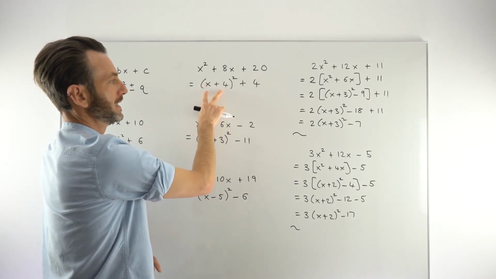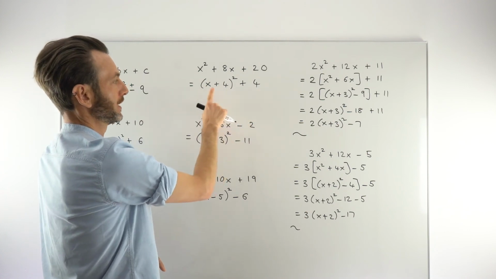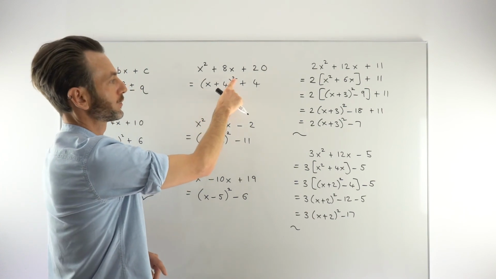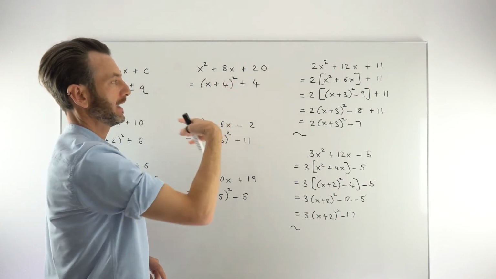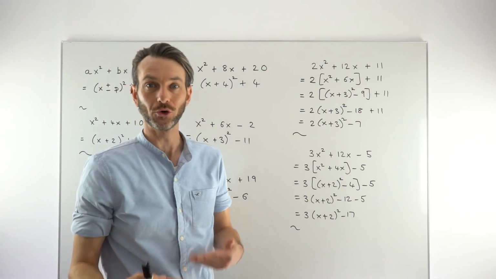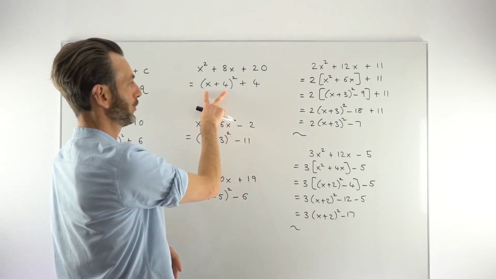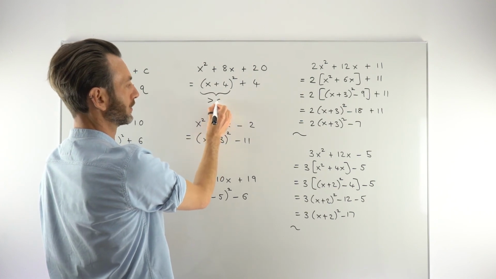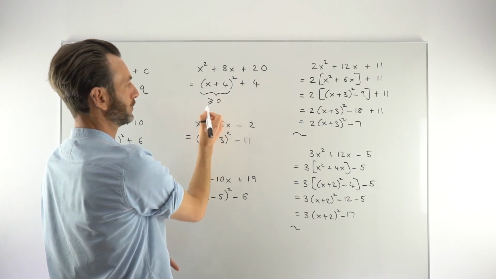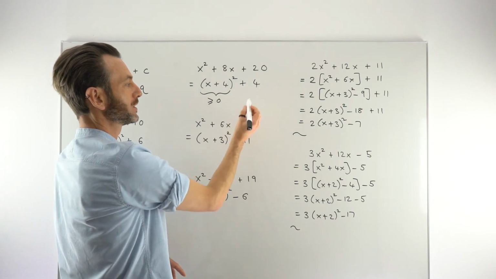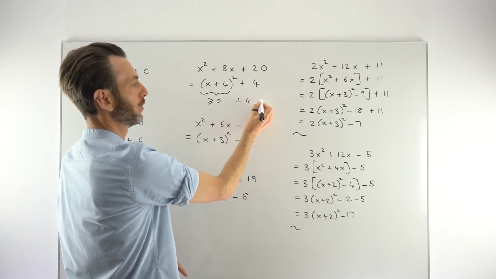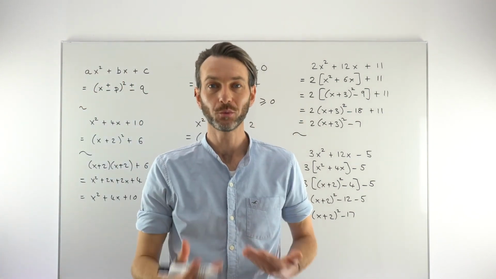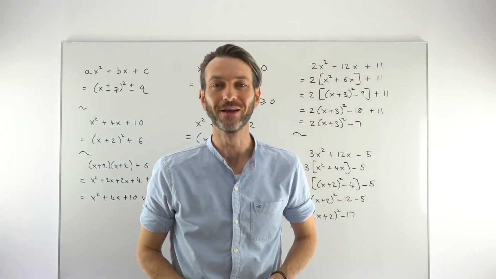This can never be less than 0, because even if x was a huge negative number, when you square the bracket, even a huge negative number will turn positive. If you're then taking a positive, which this bracket will always be, so this bracket's always going to be greater than or equal to 0, and then adding 4 to that, then the whole thing is always going to be greater than or equal to 0.